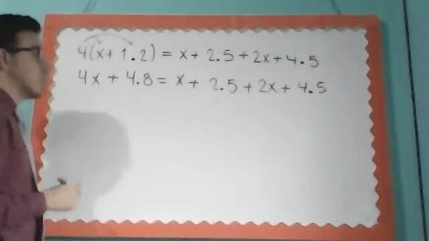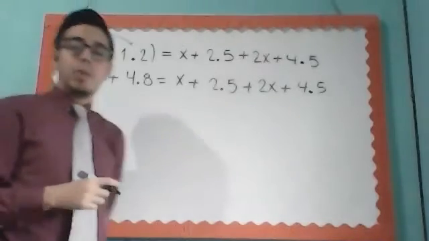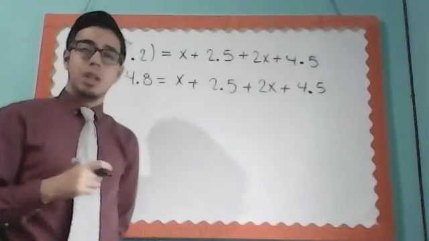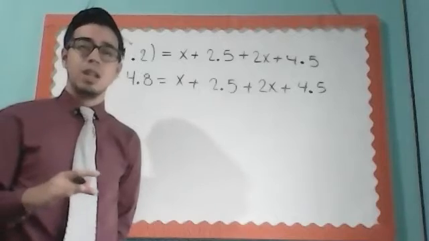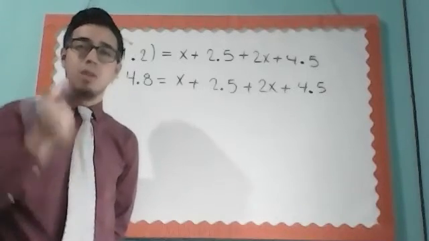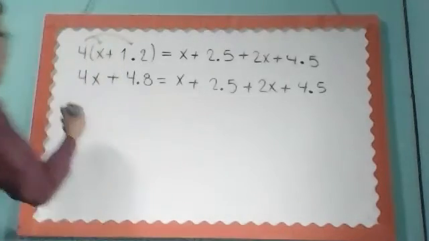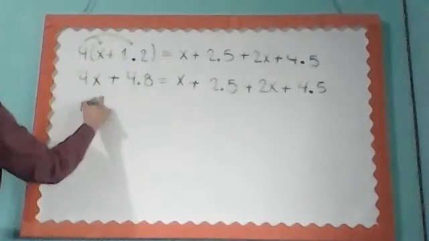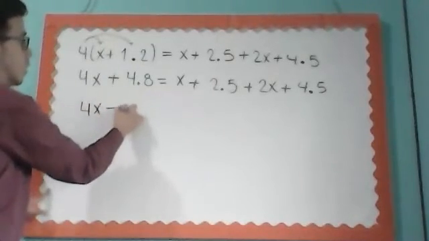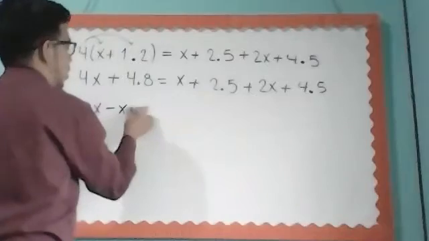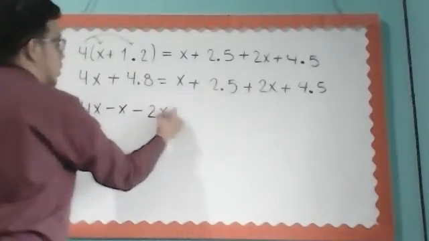Now, what I need to do, remember, is to pass the variables to the other side. Keep the variables on the same side and the numbers on the other side of the equation. If I pass it here, I have 4x minus x minus 2x.